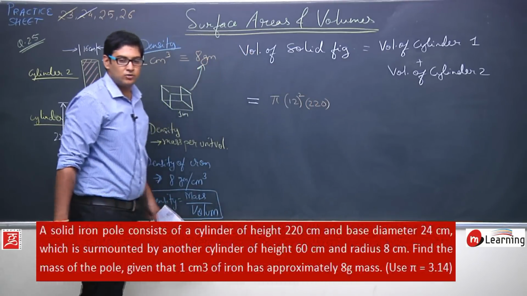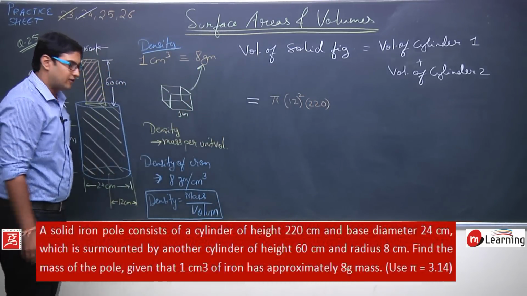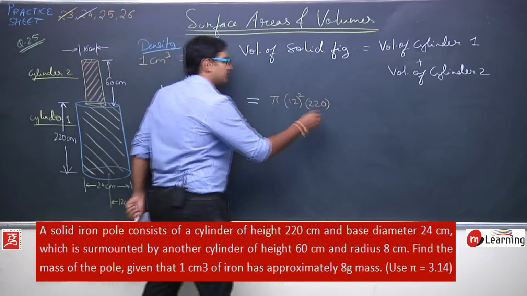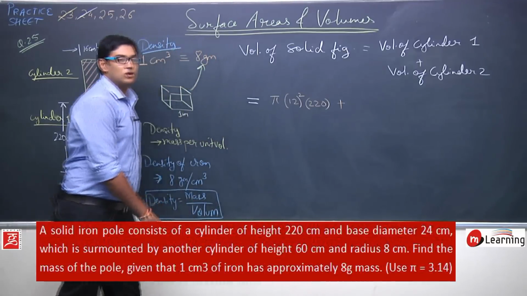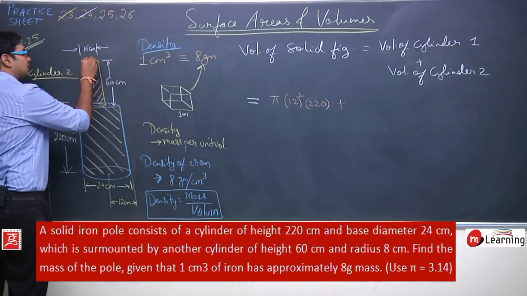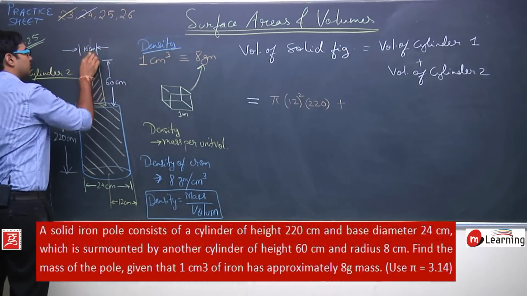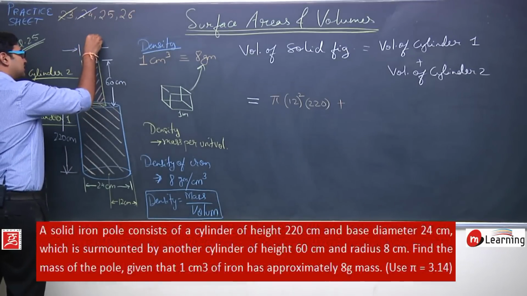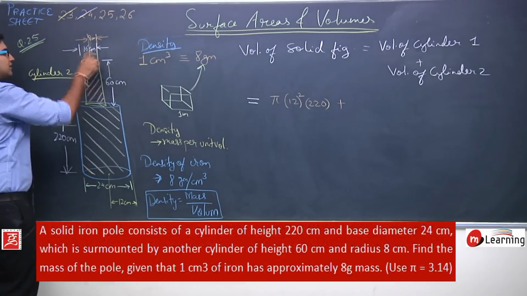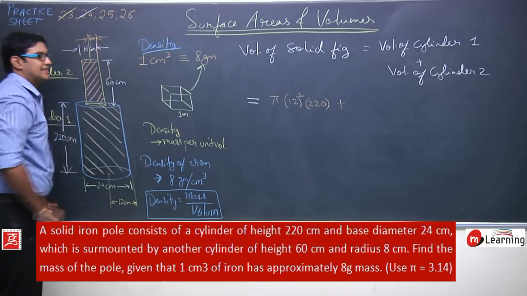This is the volume of this larger solid figure, larger cylinder, plus the volume of the second solid figure, this cylinder. The radius is given as 8 centimeters. Okay, the height of this solid figure is 60 centimeters.